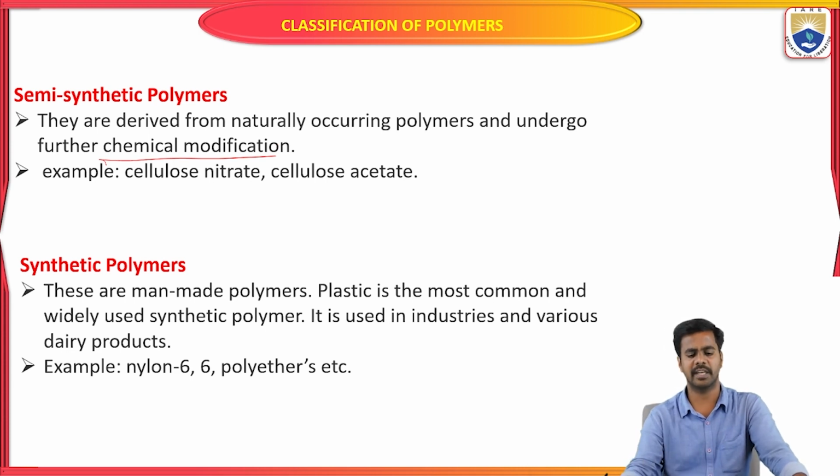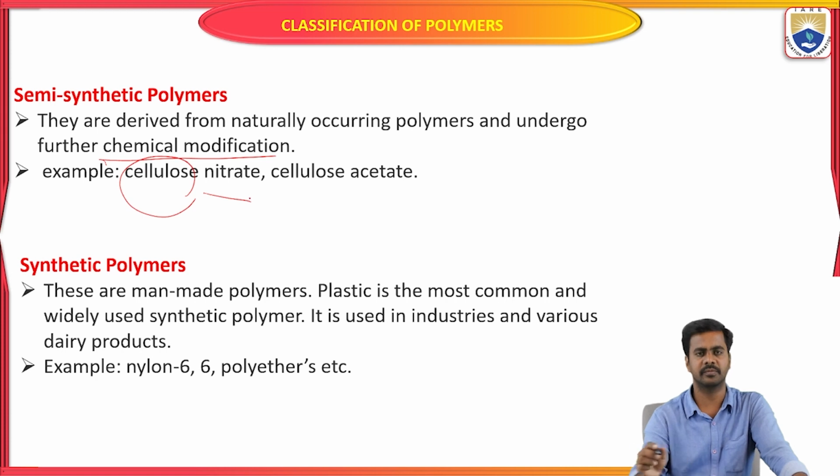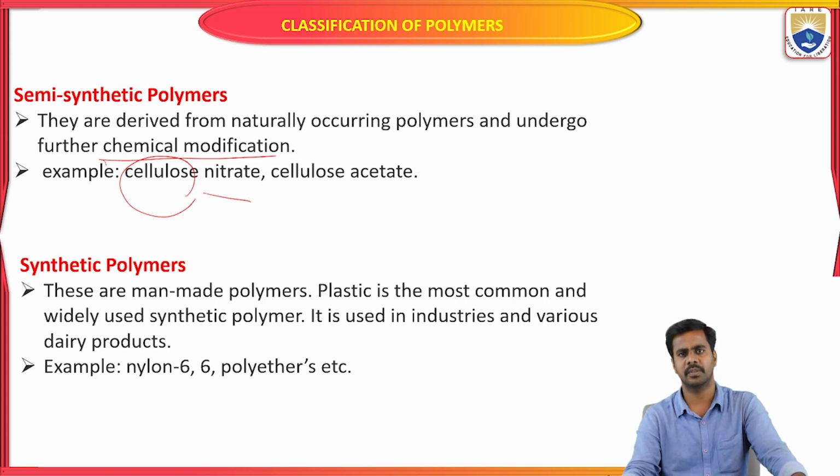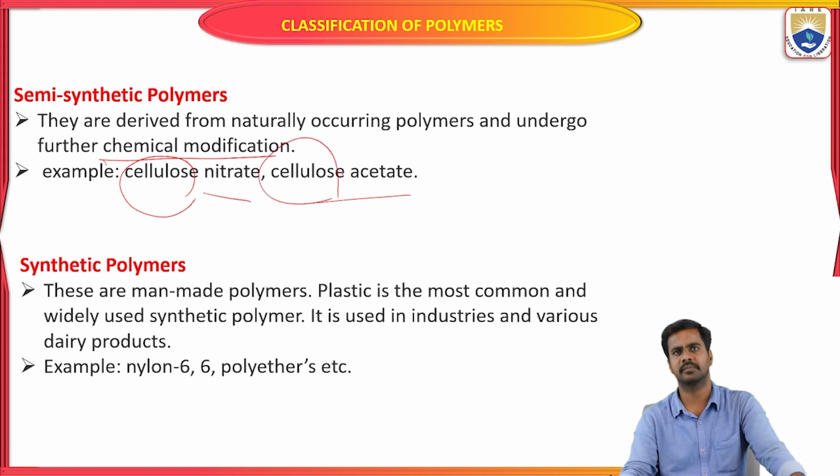For example, cellulose nitrate and cellulose acetate. Here, cellulose is a natural polymer, but we are going to add nitrate to cellulose. When you add nitrate to the cellulose, some chemical modification takes place. Similarly, cellulose acetate. Here also cellulose is the natural polymer. When you add acetate to the cellulose, some chemical modification will occur.